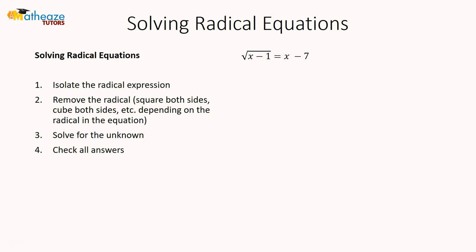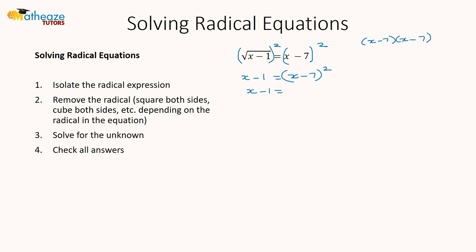The radical is isolated, so we're going to square both sides. This is going to give us x minus 1 equal to x minus 7 squared. Let's use some space here for our work: x minus 7 times x minus 7.